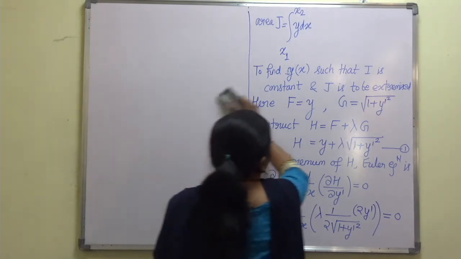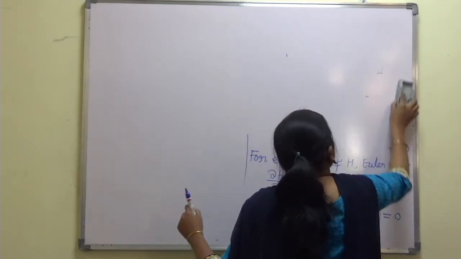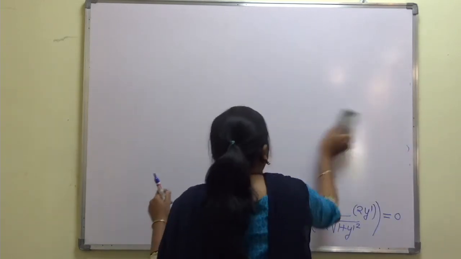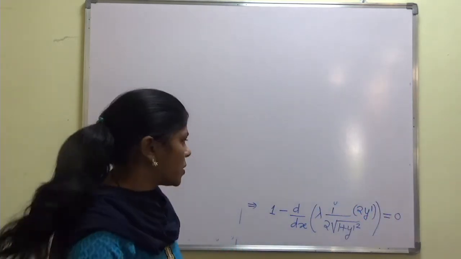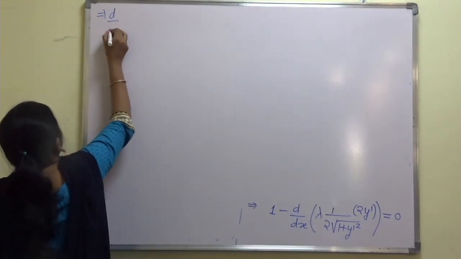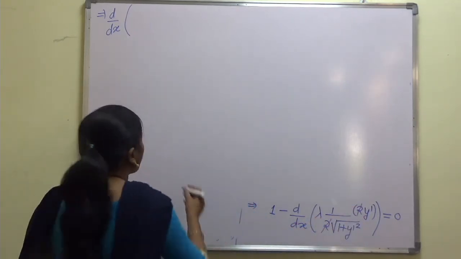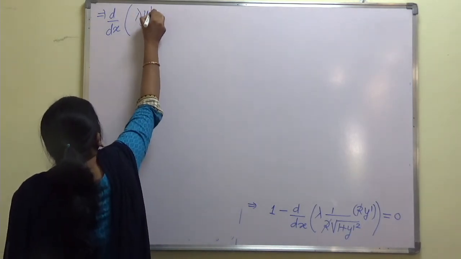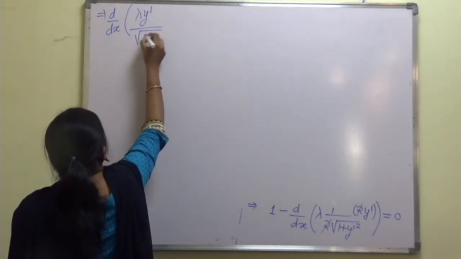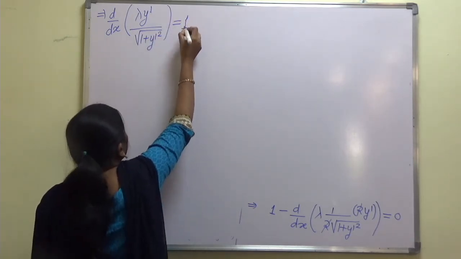So we can rewrite this equation as the derivative with respect to x of, now 2 will get cancelled from here, lambda y dash upon under root of 1 plus y dash square equal to 1.